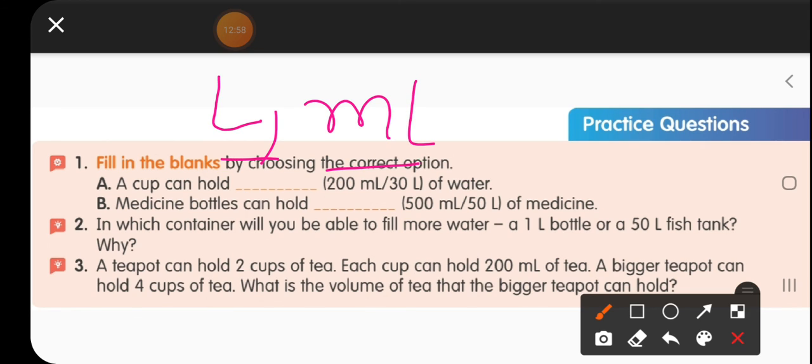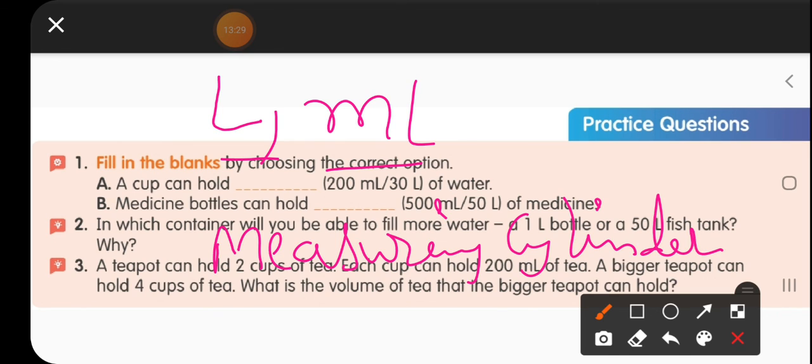These are the standard units of capacity, and also of volume. Like for length you use a ruler, and for mass you use a balance, to measure the capacity or volume of liquids we use a measuring cylinder or a beaker.